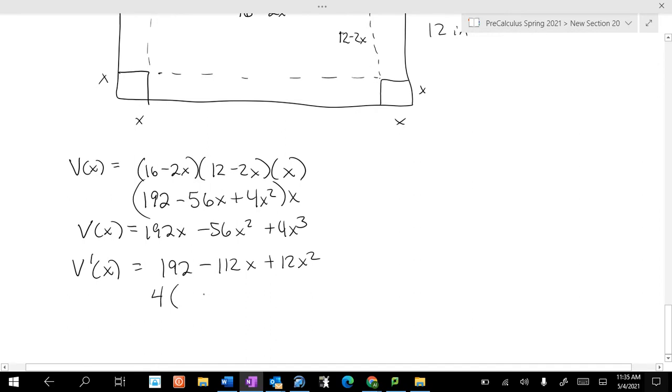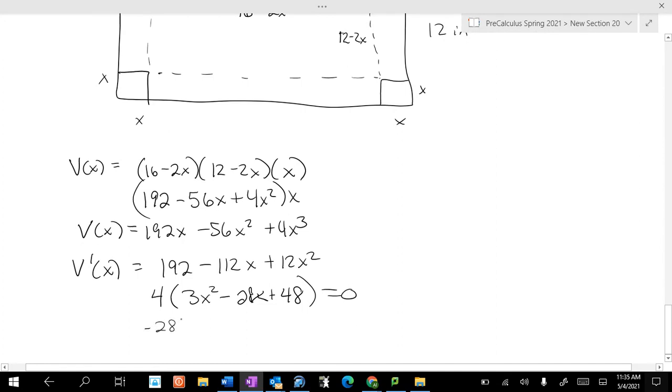How many times? Well, 4 goes into 192 48 times, I think. 4 goes into 112 28 times. And then 4 goes into 12 3 times. So it equals 0.